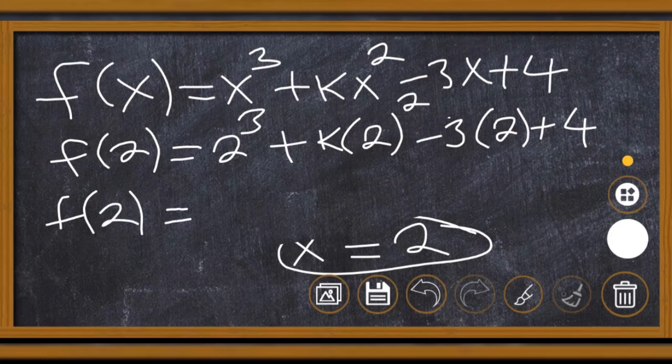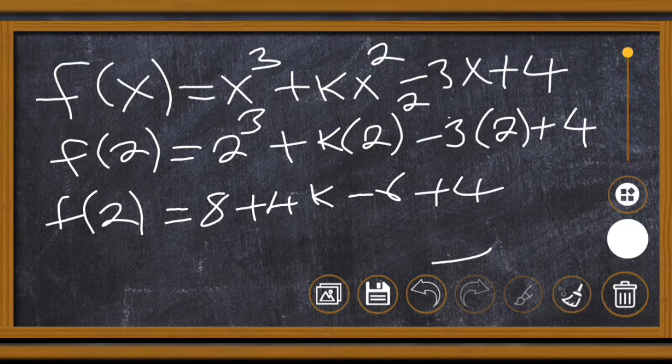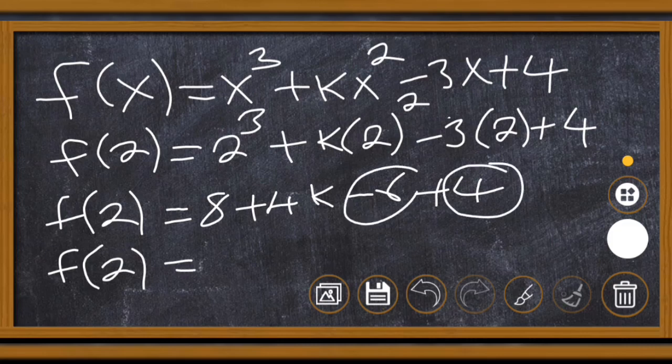So we have our function f of 2 equals 2 raised to power 3, which is 8, and then 2 raised to power 2 is 4, then 4 multiplied by k, we have 4k, then minus 3 multiplied by 2, we have 6, and then plus 4. So let's find the value. 4 added to negative 6, we have negative 2.